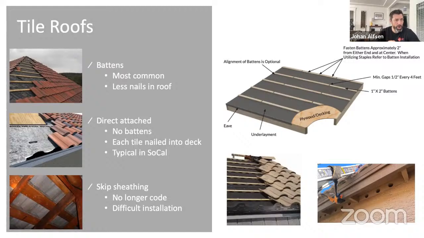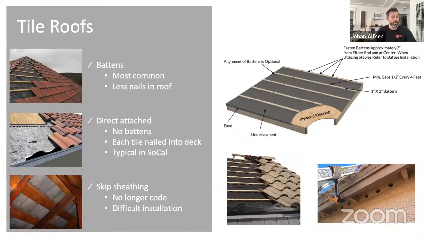And here, most of these tile roofs are batten style, where they have these little one-bys going across the roof. The idea there is that you're hooking the tiles onto the batten and then hooking on the interlocks on the sides, and you're not nailing in every single tile. So there's an example up at the top left corner there.